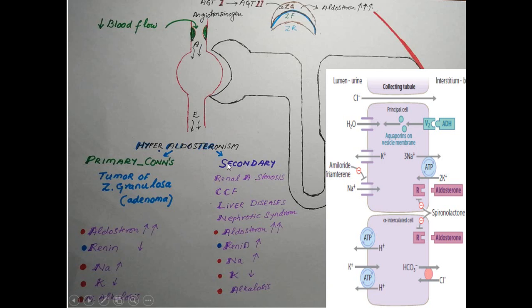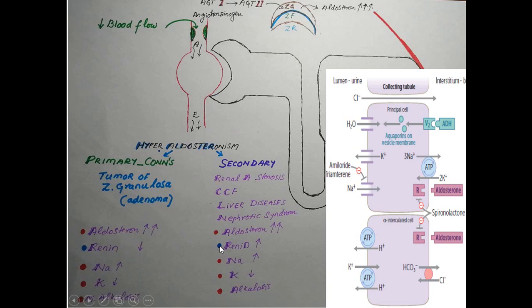These are the things which are present in secondary hyperaldosteronism. But on the other hand, if unfortunately there is a tumor of the zona granulosa cells, these are usually adenomas. This adenoma is going to cause the production of more and more aldosterone, and this is known as Conn's syndrome. Again, aldosterone is more. All these things will be the same, except one thing, that is the renin.